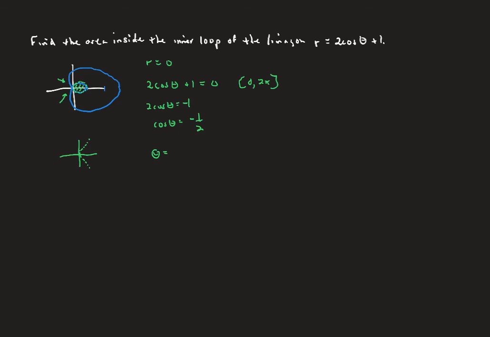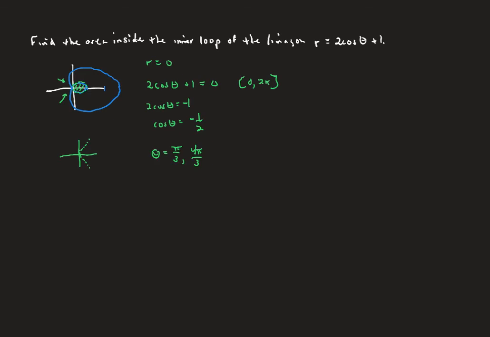The first time it's going to be 0 is at pi over 3, and then it's going to cross into quadrant 2 and be negative, and it will stay negative all the way through quadrant 3, and then come back out on the other side and be 0 again at 4 pi over 3.